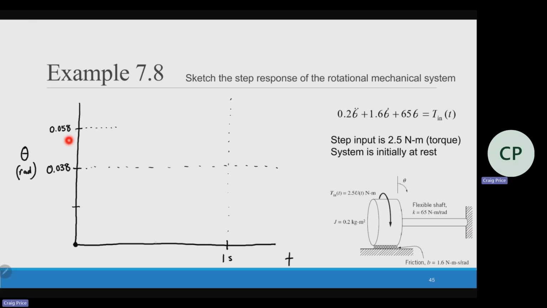So we can break this up. This is seconds, something like that. Okay, the peak time is we found it to be 0.178 seconds, which is probably somewhere right here. This is peak time.